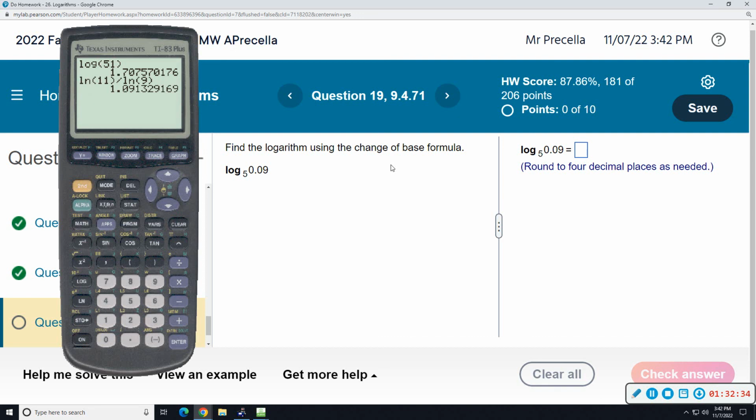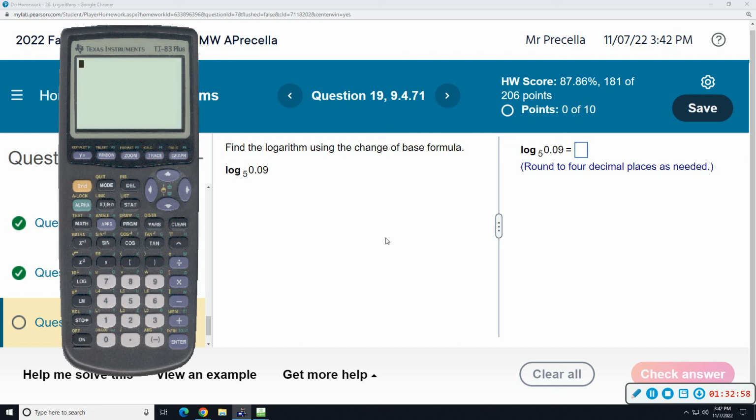Okay, one more of these. Log base 5 of 0.09. Number 19. Log base 5 of 0.09.